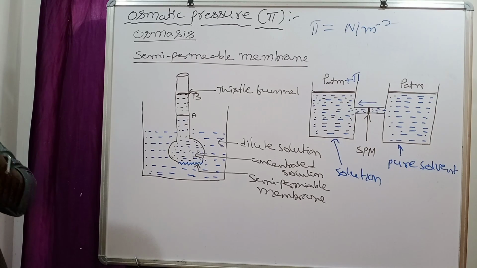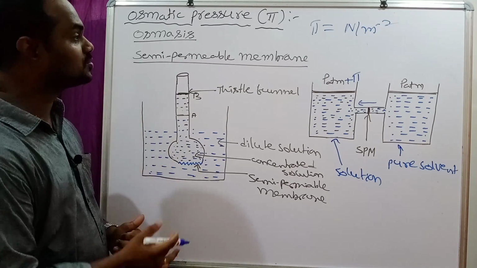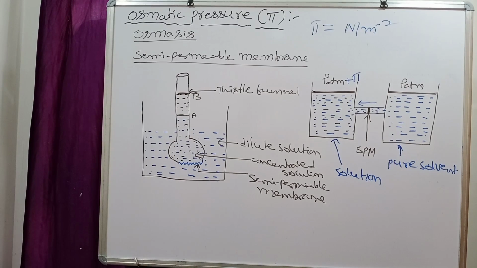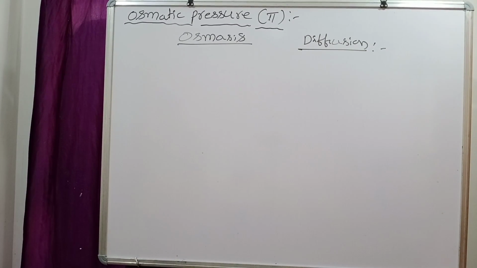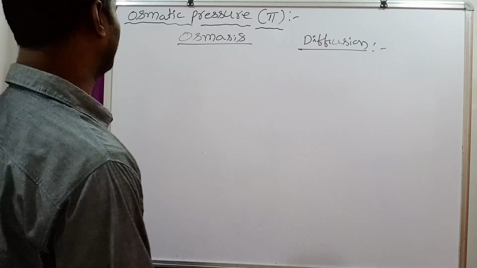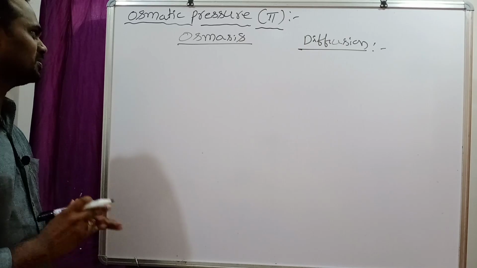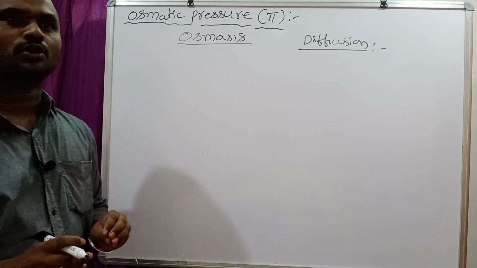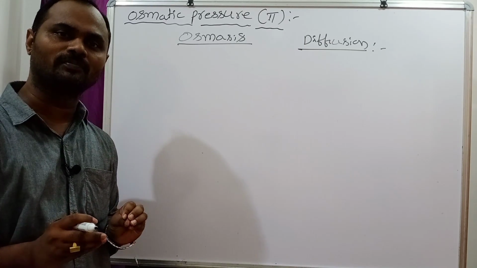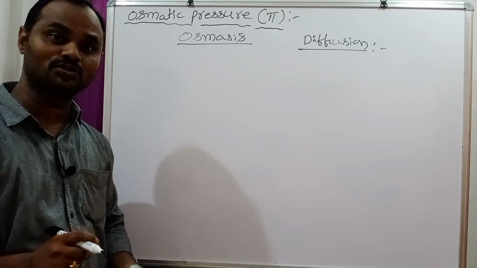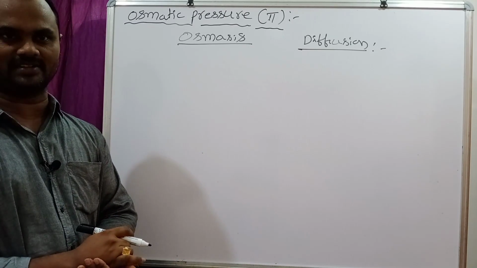Now we have to see the differences between osmosis and diffusion. Osmosis, we already know what that is: movement of solvent molecules from low concentration region to high concentration region through a semi-permeable membrane. Is it clear?